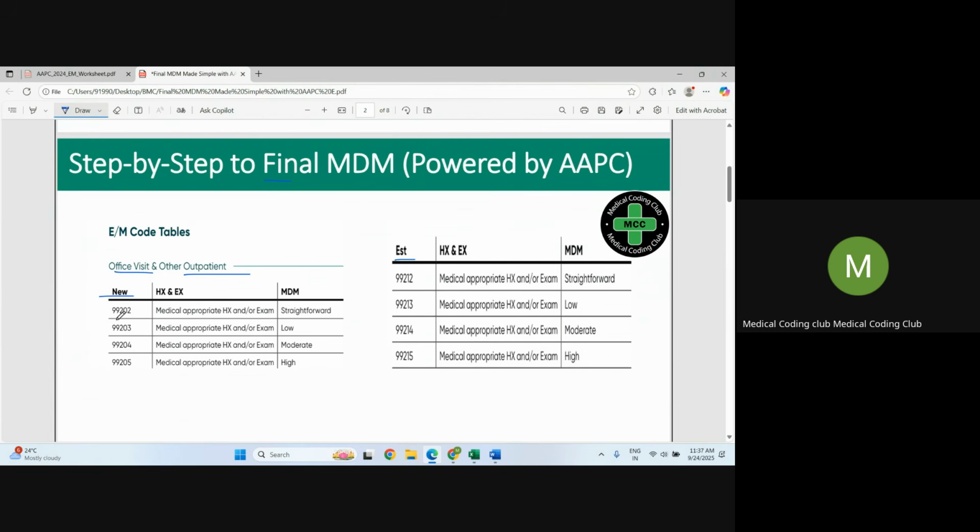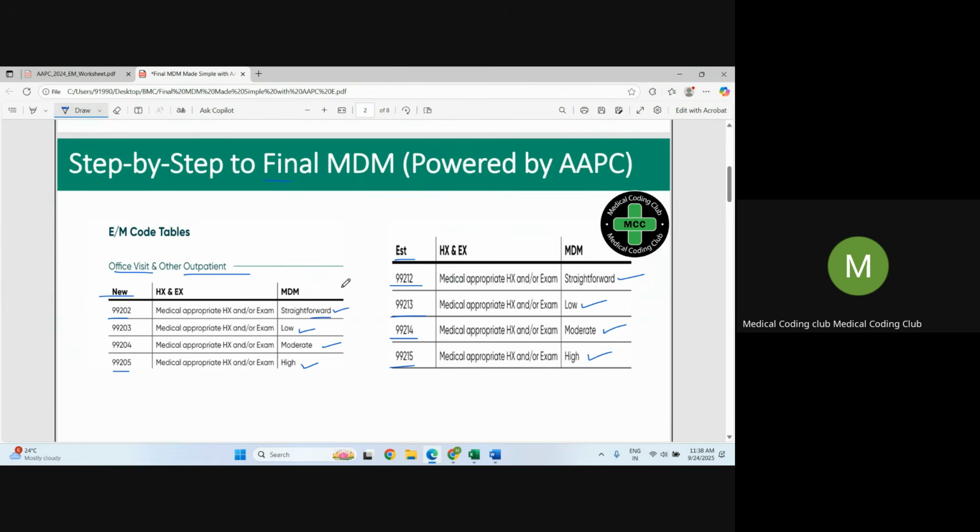First you can see 99202, this is a new patient code, and you will give 99202 for straightforward MDM, 99203 for low MDM, 99204 for moderate MDM, and 99205 for high MDM. Coming to established patient, the code starts with 99212 for straightforward, 99213 for low MDM, 99214 for moderate MDM, and 99215 for high MDM. So these are the code sets we have for office visit or other outpatient setting.